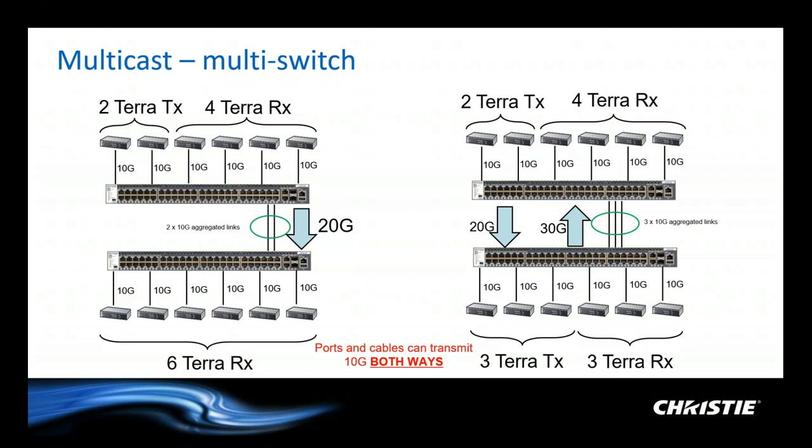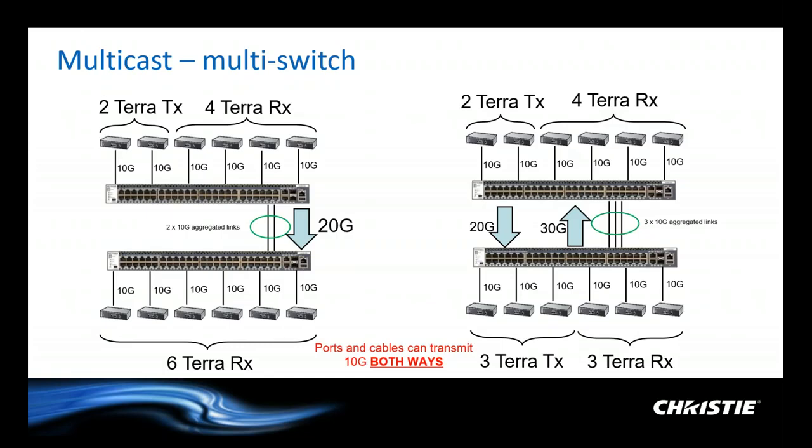so that's pretty simple. On the example on the right-hand side, it's a little bit different now. So we've got 2 TX and 4 RX still on the top switch, and on the bottom switch we've got 3 transmitters and 3 receivers. Now here, the maximum that the RX on the bottom switch are going to be pulling from the top switch is going to be 20 gigabytes, because there are only 2 transmitters.